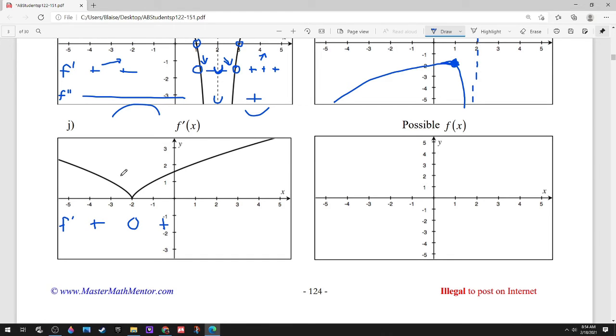So now we just have to see what the concavity is. This is what I was looking for earlier. F double prime. We have negative slopes before it, and then we have positive slopes after it, and an undefined slope right there.